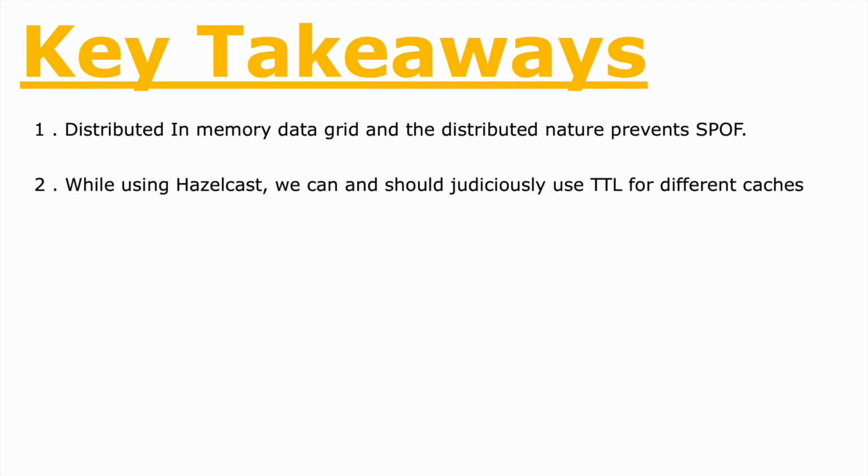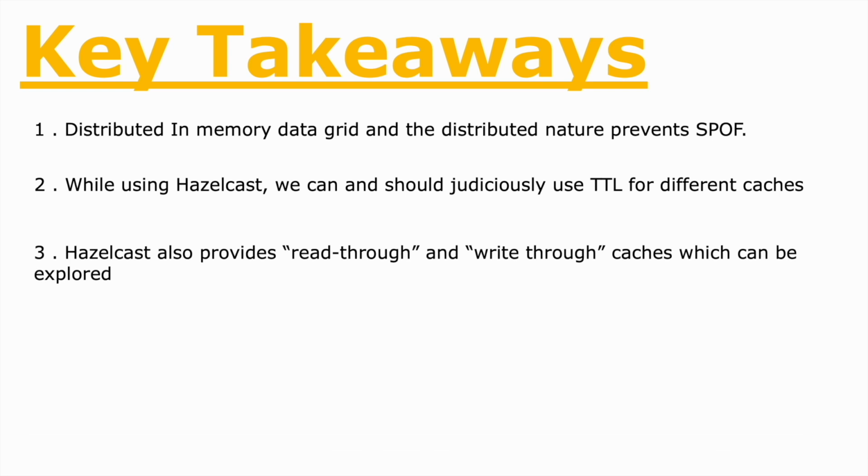The TTL can be a month, whereas for some customer specific data like customer profile data, we can keep the TTL to a day. Since Hazelcast provides the advantage of being able to specify the TTL per cache, we can actually use that TTL judiciously.